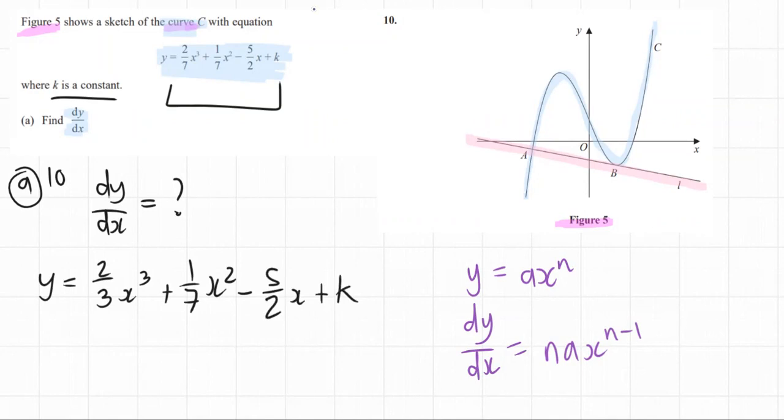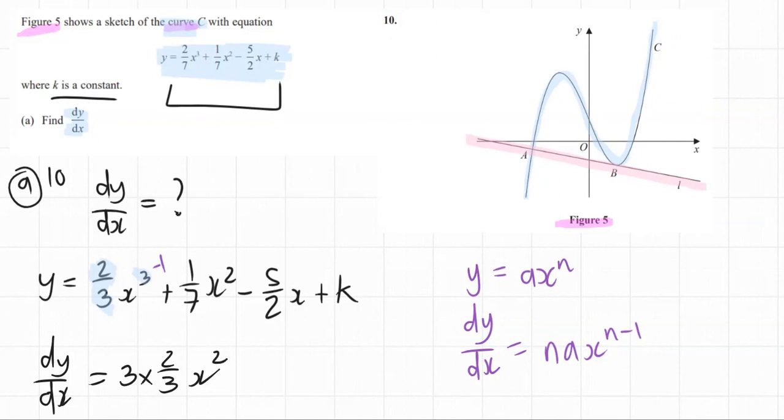Following our dy/dx, we have 3 times 2 over 3 x, and it'll be 3 minus 1, which is 2. So 3 times 2 over 3 x squared.